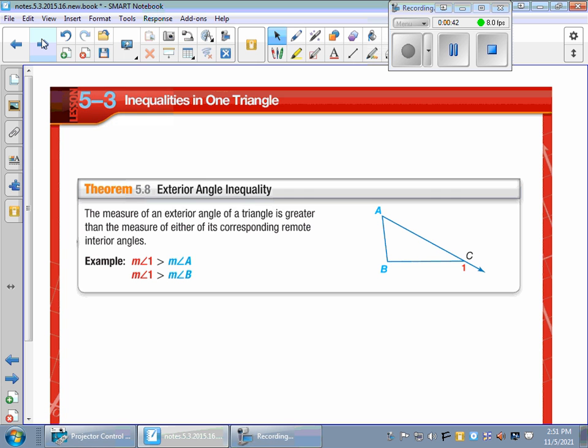So if you think about it, some of you memorized the exterior angle inequality theorem before. Some did not. So if you remember, angle 1 equals angle A plus angle B. Okay, so think about it. If this was 70, and this was 40, that means angle 1 would equal 110, which is your 40 plus 70.